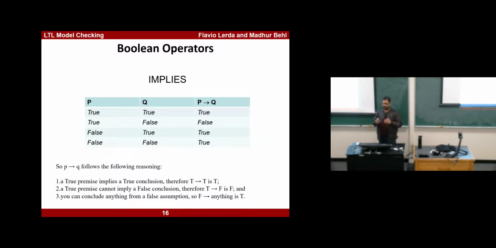So this is just a high-level Boolean operator which can be built from low-level Boolean operators, right? So we may not have seen this, or it may have been some time, but that's what implies means. If P, then Q. And what is P and what is Q? We don't care, but we care about whether P is true and Q is true. And based on that, what can we say about P implies Q, whether that is true or false itself?